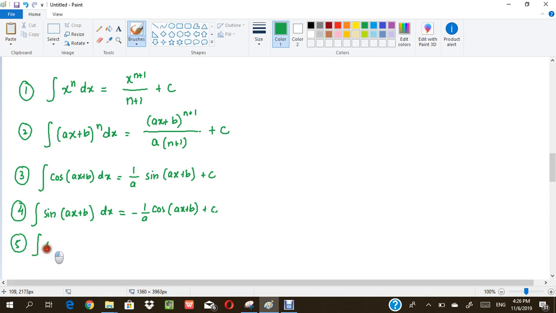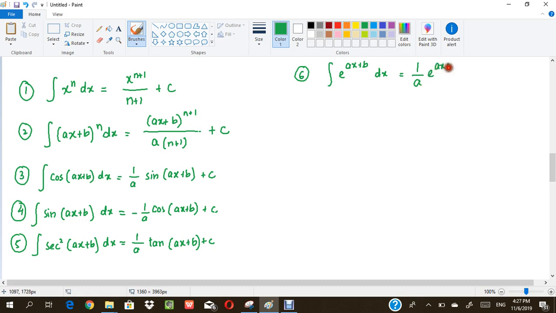Then we have sec squared x, which gives me tan. And then lastly, we studied exponential functions, which was that if we have an exponential function e with a linear power, then its integral would be 1 upon the derivative of the power times the function itself.